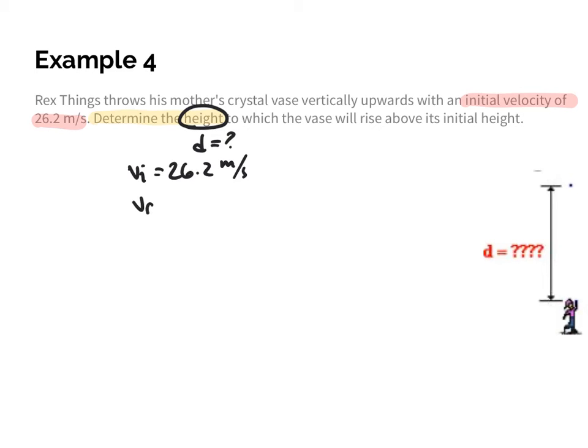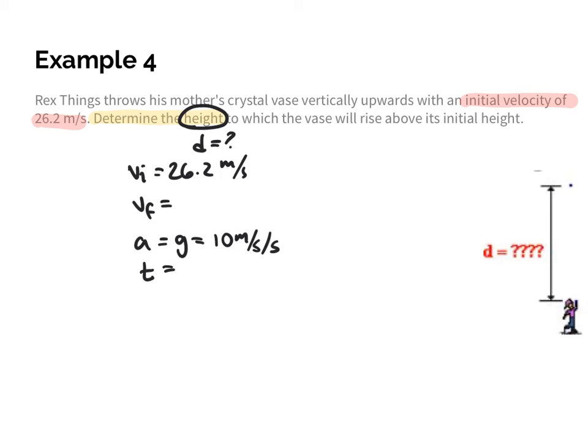Now, think about the rest of the variables. I have my final speed, my acceleration, my time. My goal is to solve for distance, and right now the problem doesn't explicitly tell me what the final velocity, the acceleration, and the time are. Think about our last problem. The one thing I should know right away is that my acceleration is also equal to gravity, because whether it's being dropped or thrown up in the air, once you throw something and just let it fly, that is free fall motion under the effects of gravity.